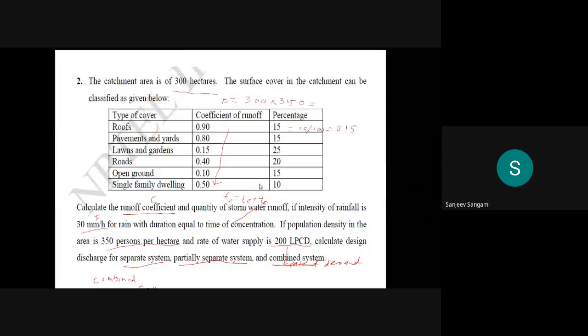Two days ago we solved two problems, in which we discussed only the combined system and the separate system. Here we discussed completely all three types of systems: separate system, partially separate system, and combined system.